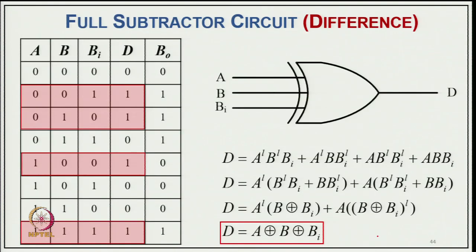To represent this truth table, the difference will be all these red blocks which represent 1, and this represents the 3-input exclusive OR, as we saw in the full adder. So, A B I dash, and this is the way we logically solve it and finally get D with the exclusive OR of A, B and the borrow input.